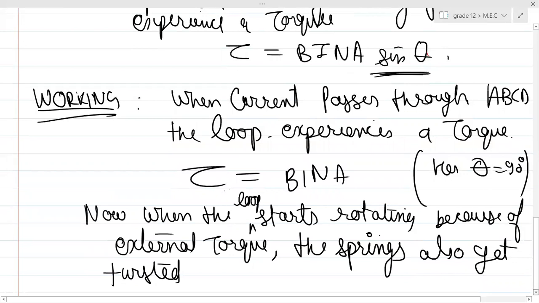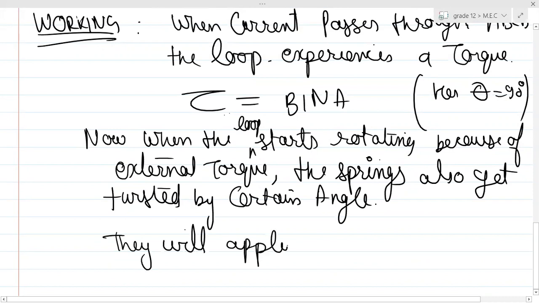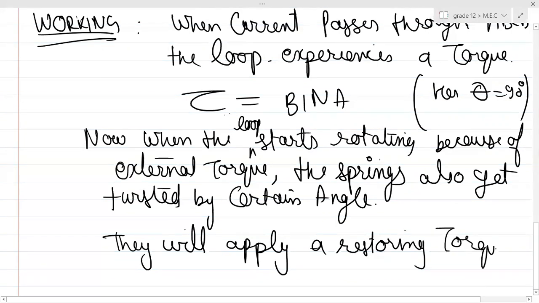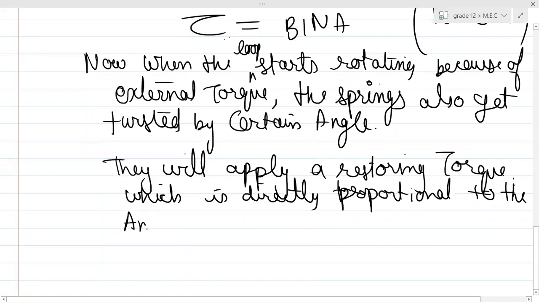The springs also get twisted by a certain angle. So what will happen when the springs get twisted? They will apply a restoring torque, which is directly proportional to the angle of twist and acts in the opposite direction.